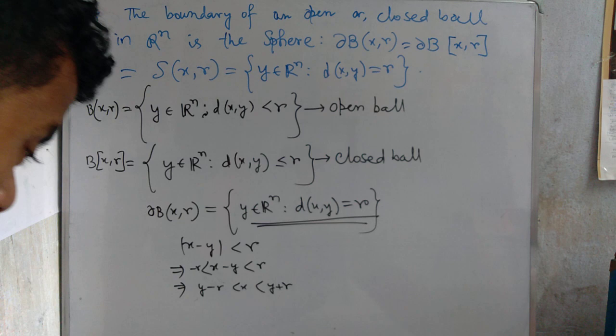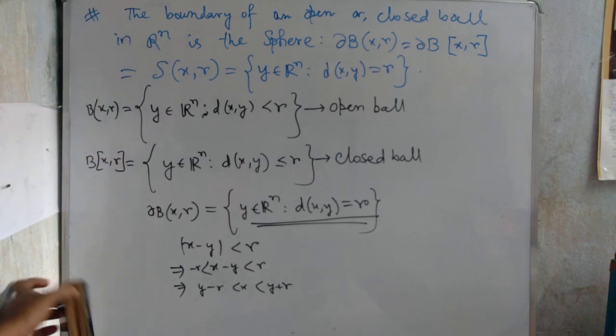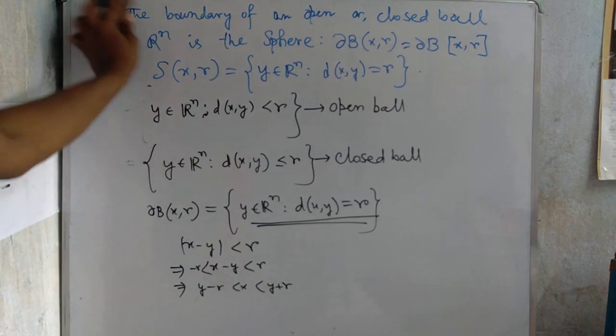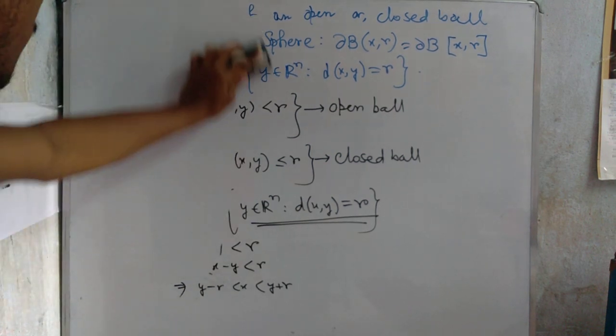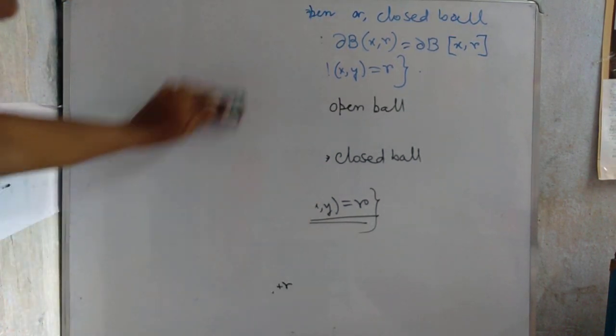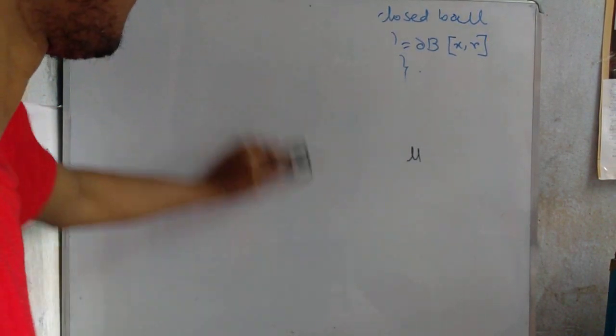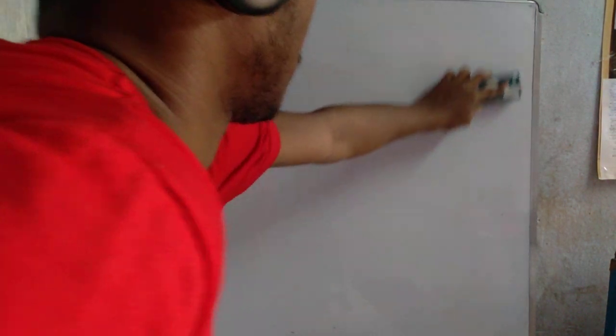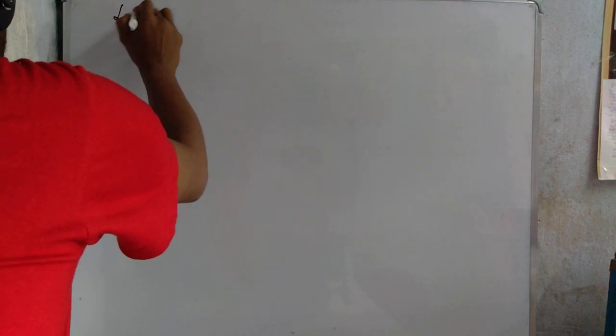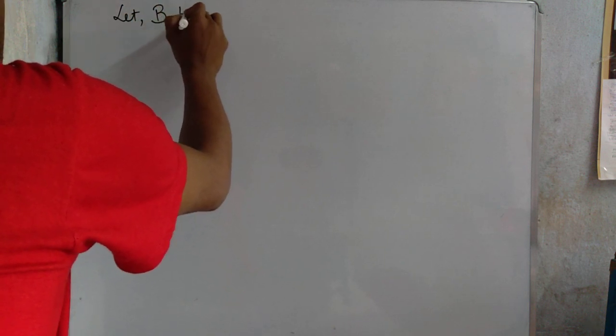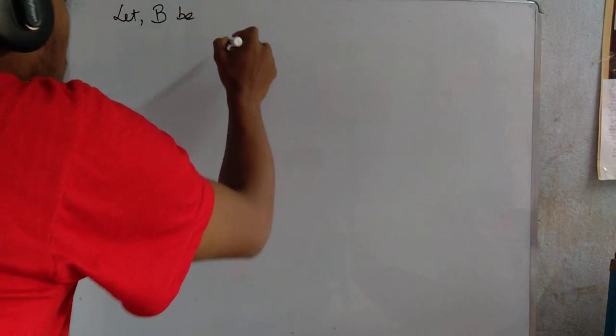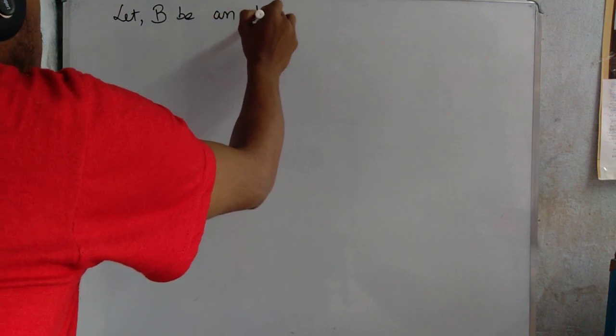Now we go to further discussion of another example. Let B be an open ball in R^n.